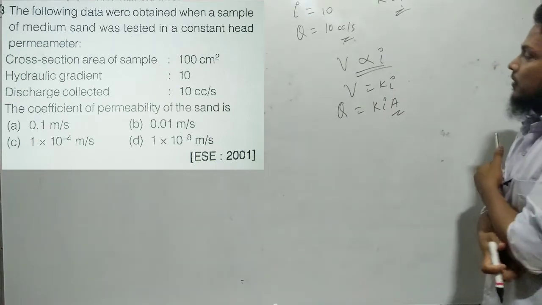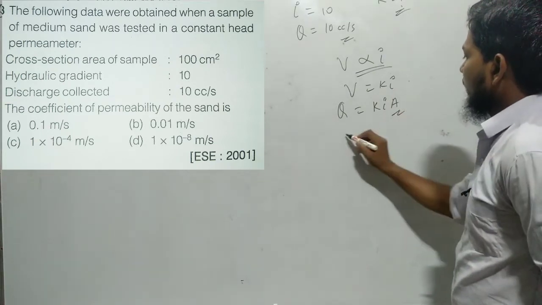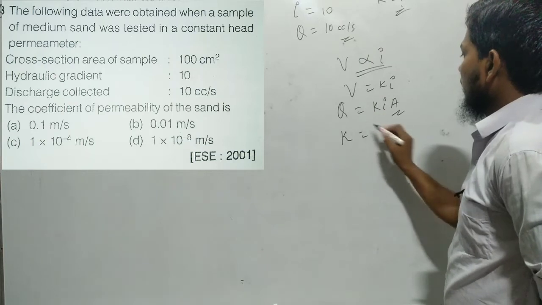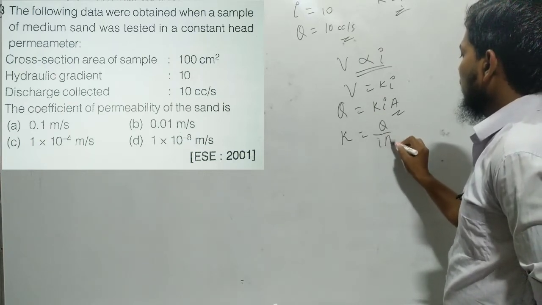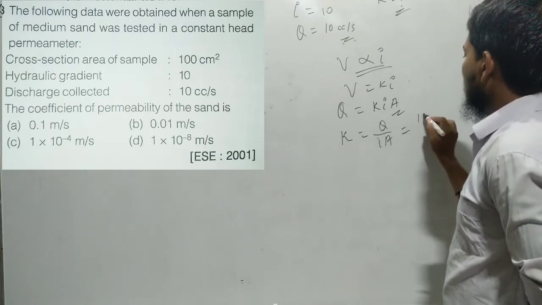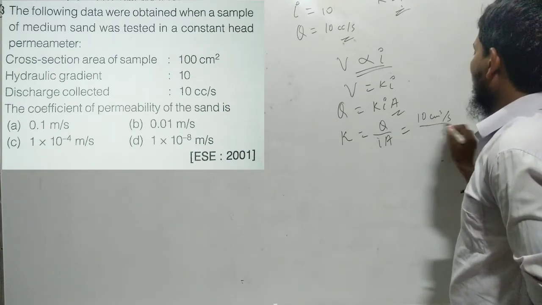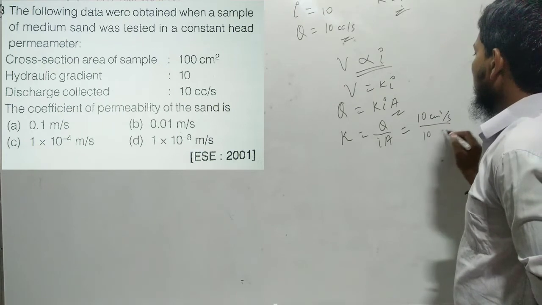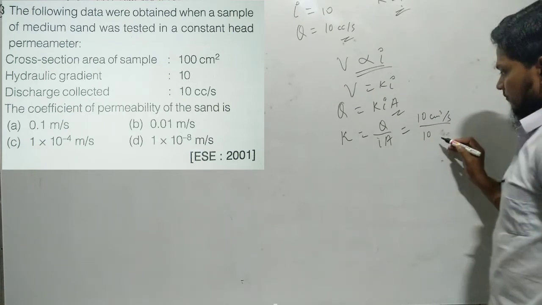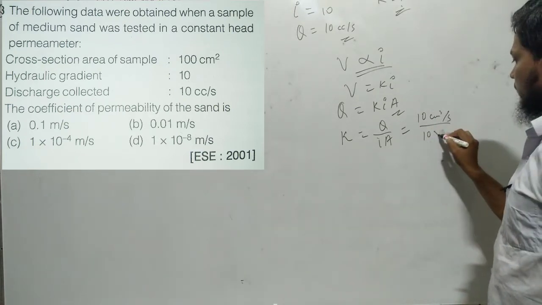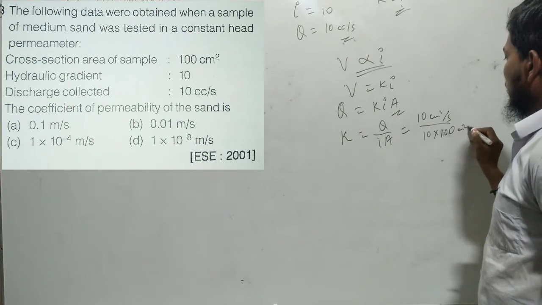By this we can find K easily, K equals Q upon iA. Q is 10 cc, meaning centimeter cube per second, upon i, which is unitless, into 100 centimeter square.